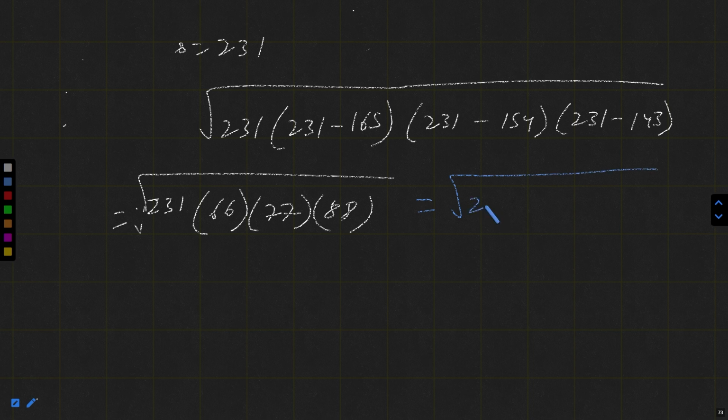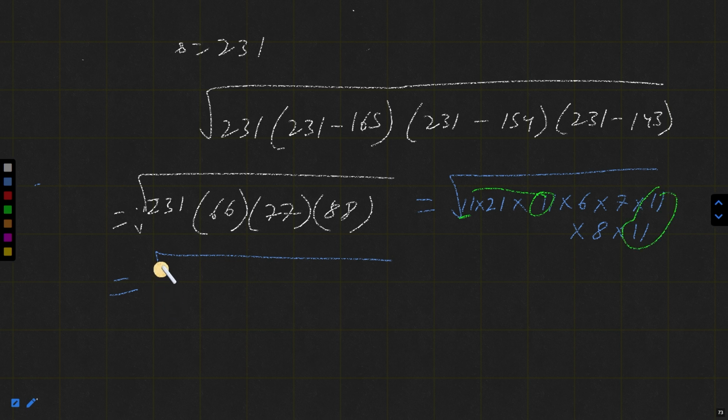Rewriting 231 as 11 times 21, 66 as 11 times 6, 77 as 7 times 11, and 88 as 8 times 11. 21 times 11 is 231. Clear? Now I have two pairs of 11, one is this pair and second is this pair.